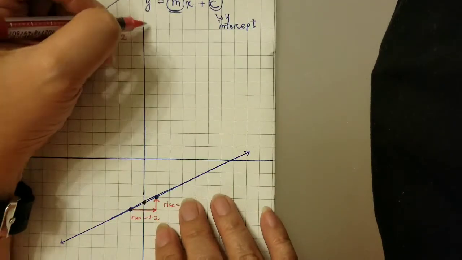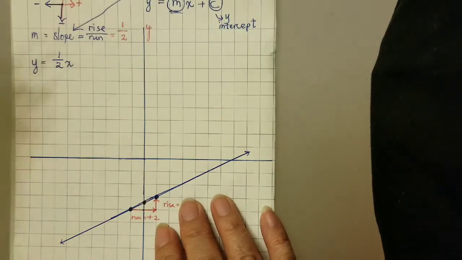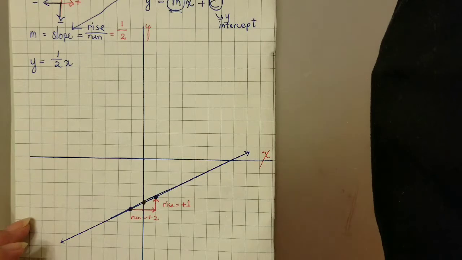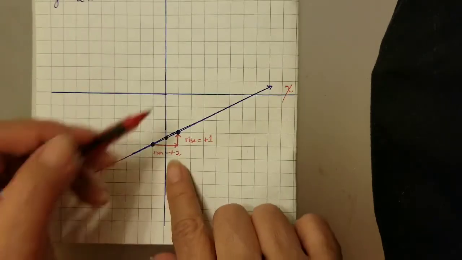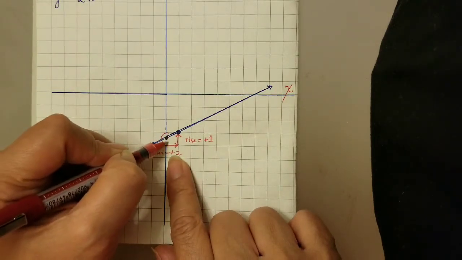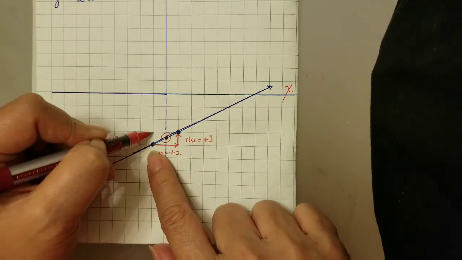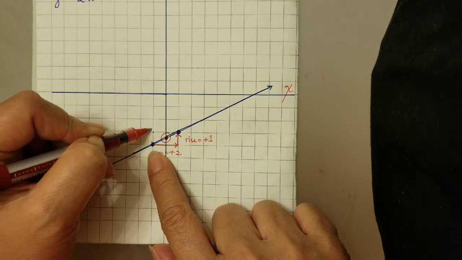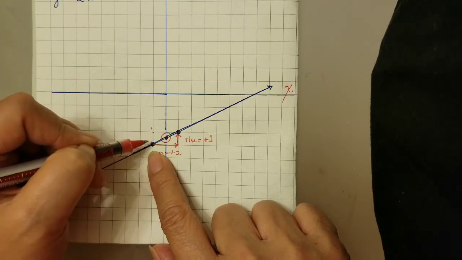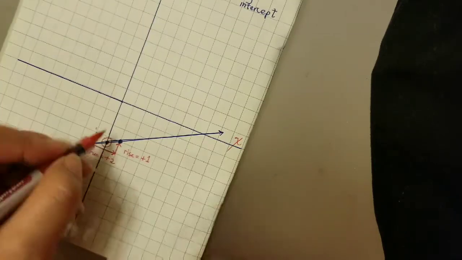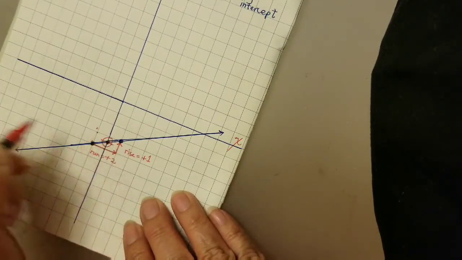Just as a reminder, up and down is the y-axis, left and right is the x-axis, okay? So, it's over here. So what is the value of this area? Since this point to this point is 1 unit, this is half. So this would be half of a unit, okay?